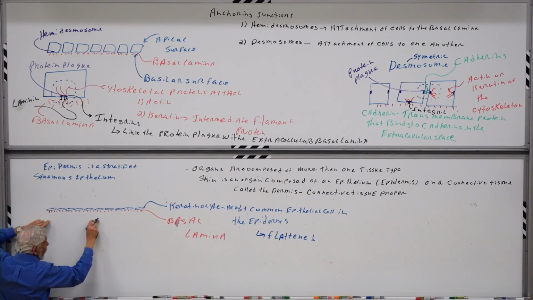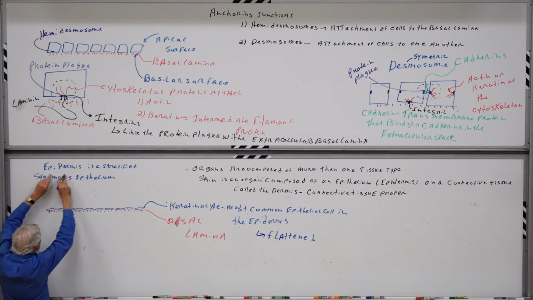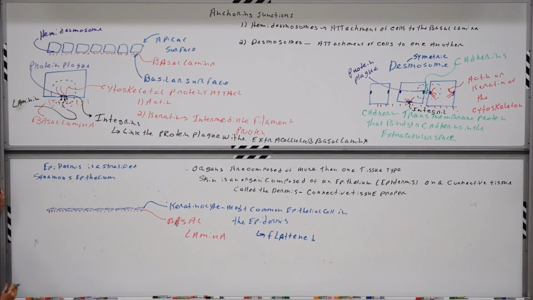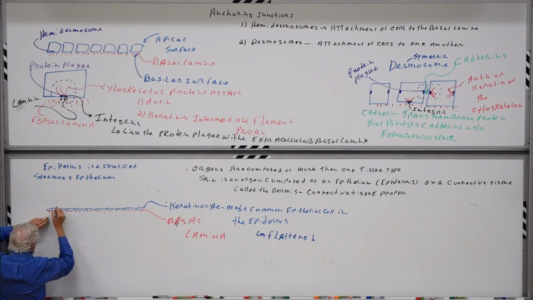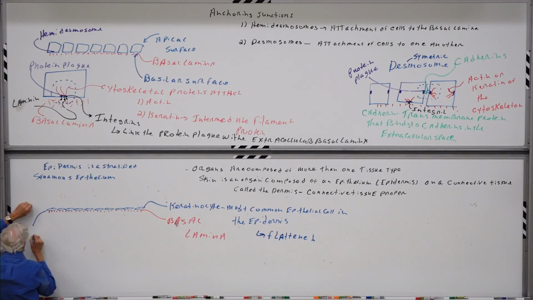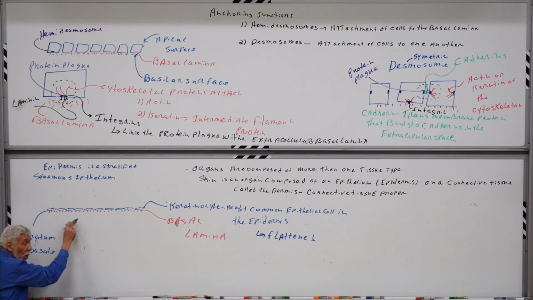It's going to be an epithelium, so it sits on a basal lamina. But it's stratified, so that means it has layers. So this layer, which we're going to label the stratum basale, the basilar layer, sits right on the basal lamina. It's attached to the basal lamina by hemidesmosomes. But then immediately above that is another layer.